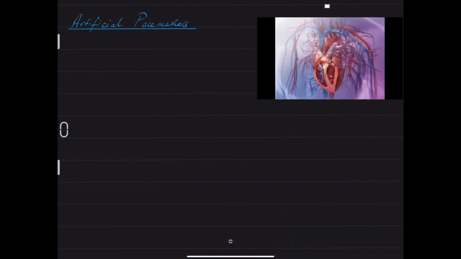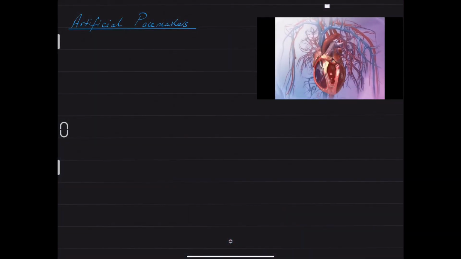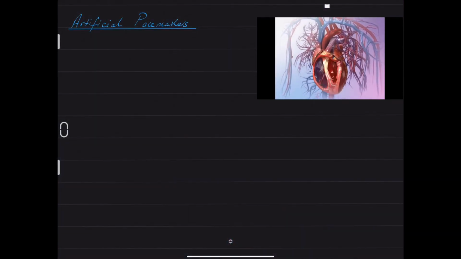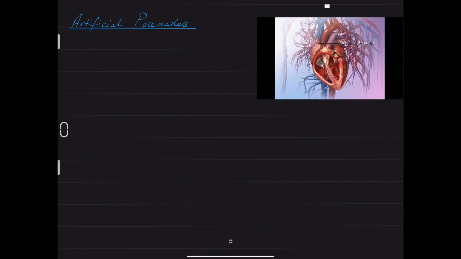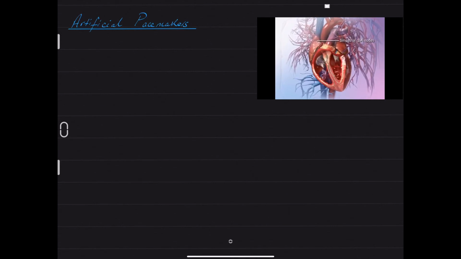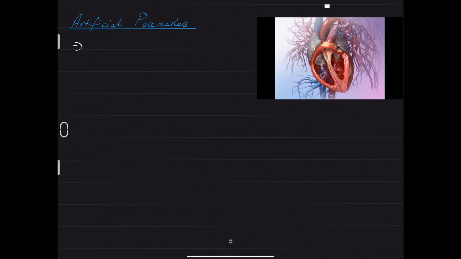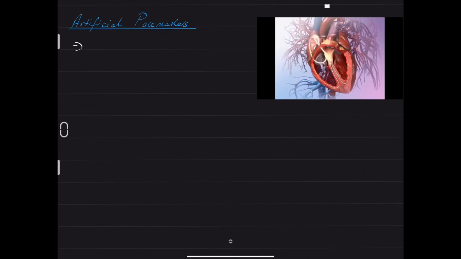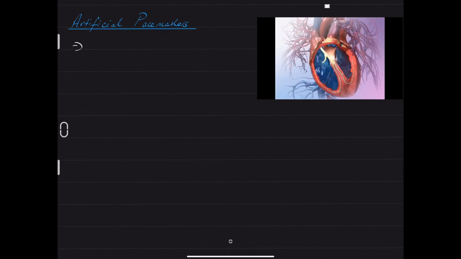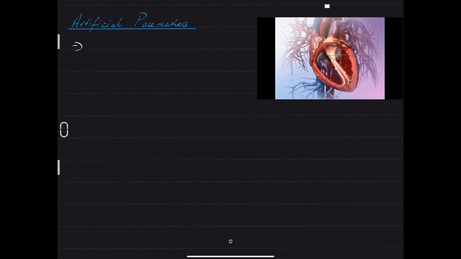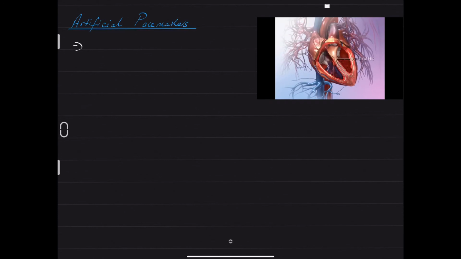So let's put this into words. So can you put the subheading artificial pacemaker, and can you note down that the resting rhythm of a healthy heart is around 70 beats a minute. So 70 beats per minute is the resting rhythm of a healthy heart.